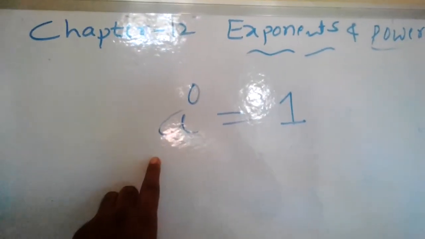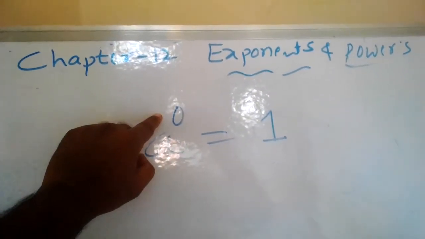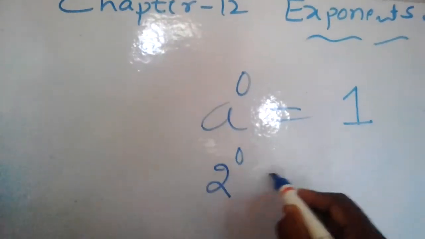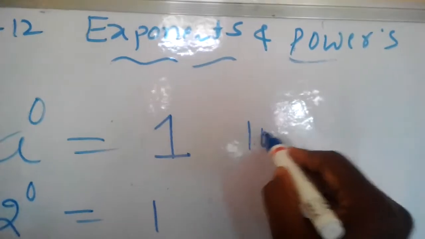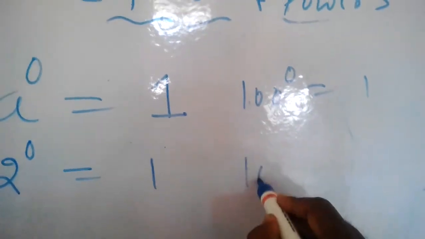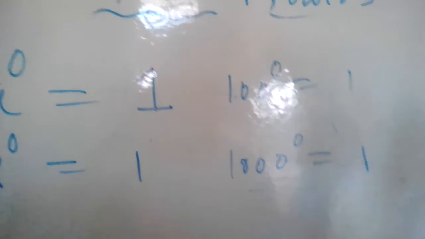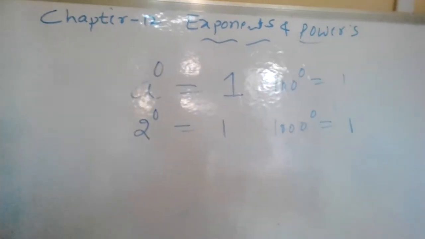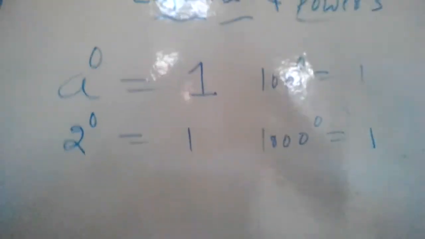So any base raised with 0 as a power, the result is always 1. For example, 2 raised to 0 is 1, 100 raised to 0 is 1, 1000 raised to 0 is also 1. So any base raised with 0 is always 1. This is the seventh law.